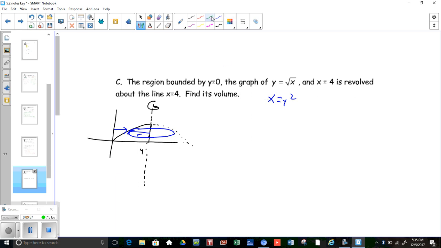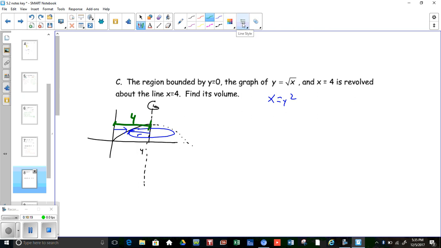So if you can kind of think of this, the total distance here to the axis of revolution is 4 units. This, however, this little blue line right here, heading from the y-axis out to the function, that's y squared.